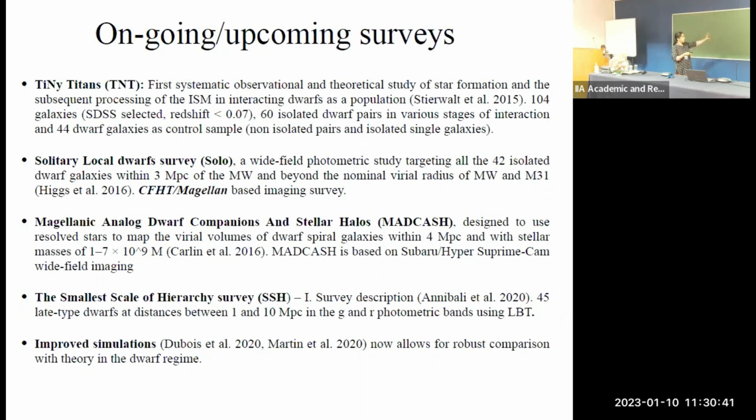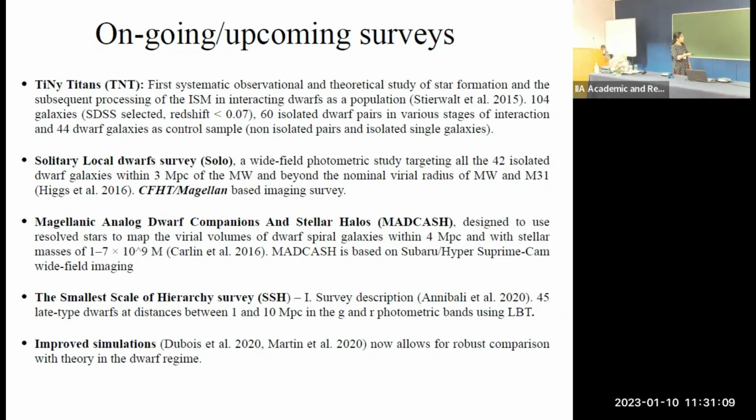They look at resolved stars because they are in the local volume, within a few megaparsec, 3 to 10 megaparsec, and they try to understand their star formation history based on resolved stellar population analysis. Along with these surveys, there are also improved simulations now, which allow us to understand the theory in the dwarf regime, which can be compared with the observations.